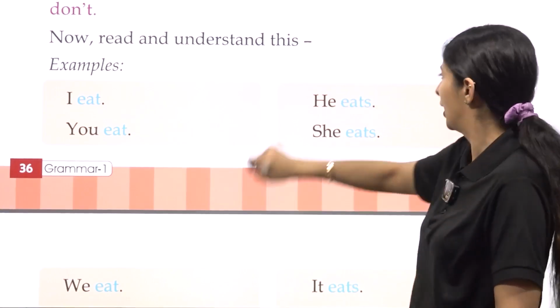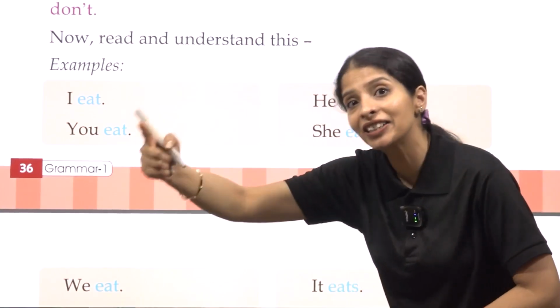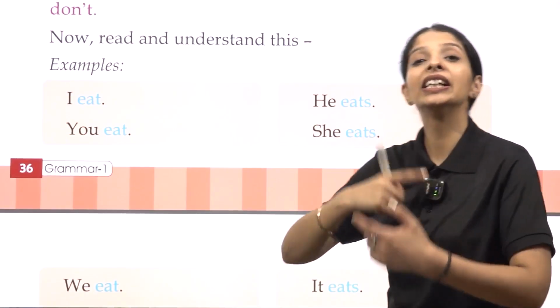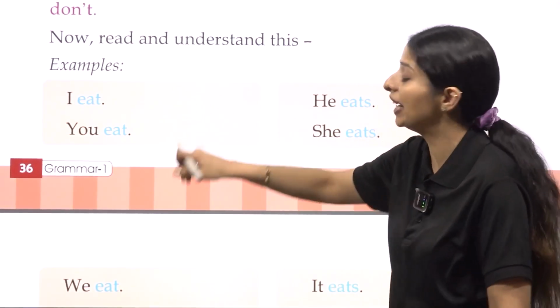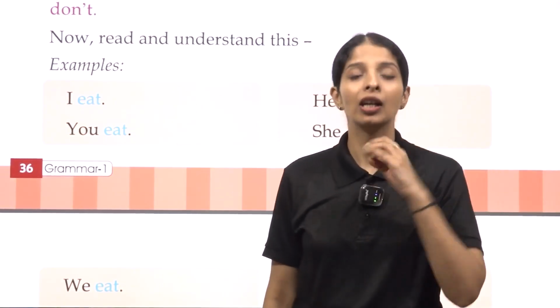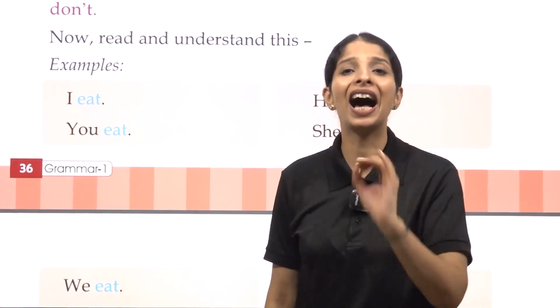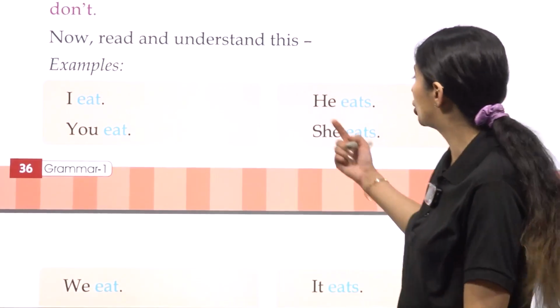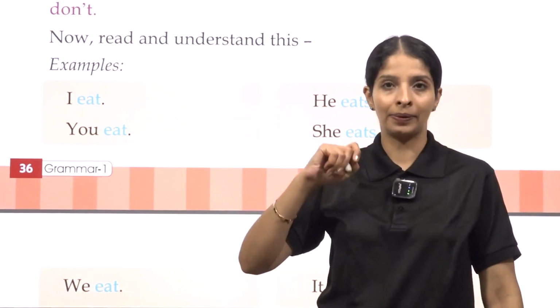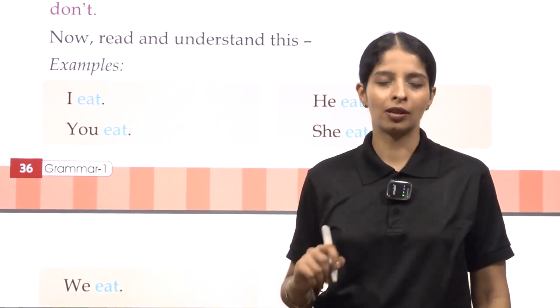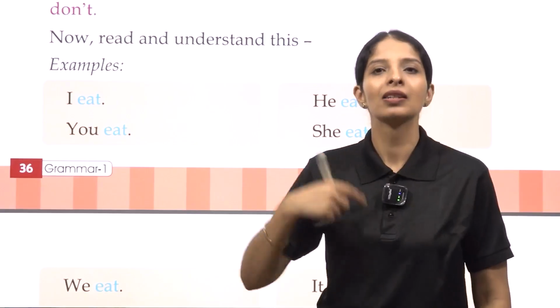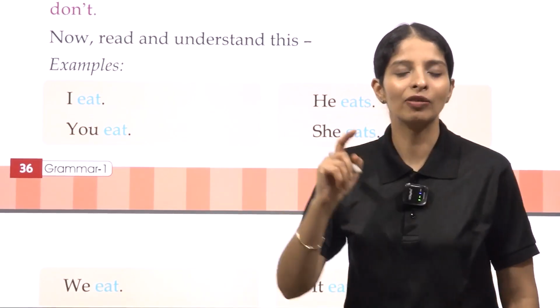You eat. He eats. She eats. So with I and you use eat, read, sing, dance. But he, she sings, moves, sits. All these, S will be there.